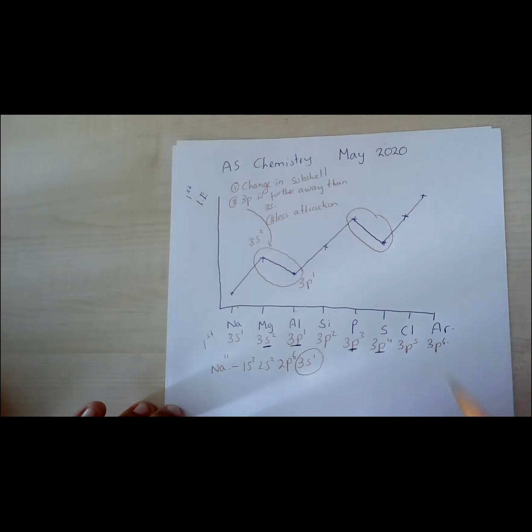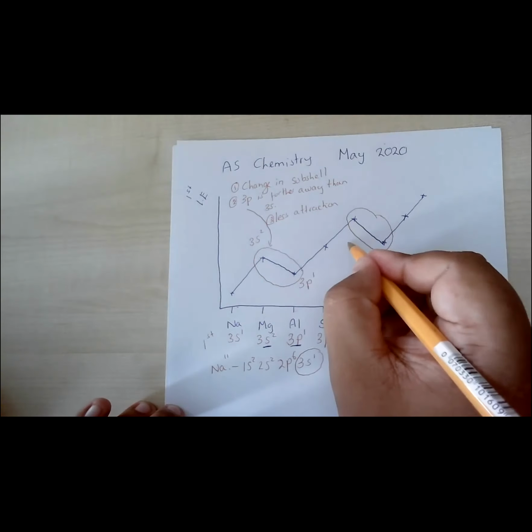For this particular one, between the 3p3 and the 3p4, if you're going to explain it, really consider the box notation. You can do this in your exam as well.